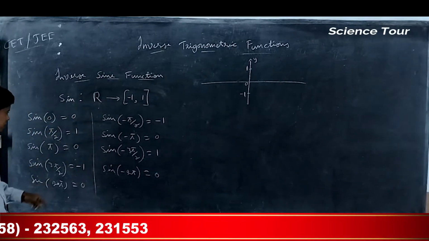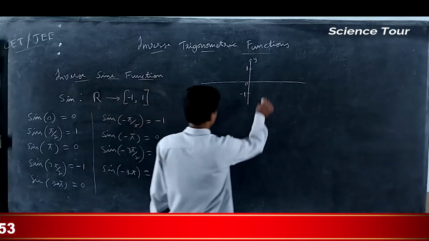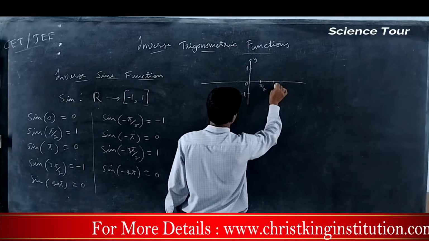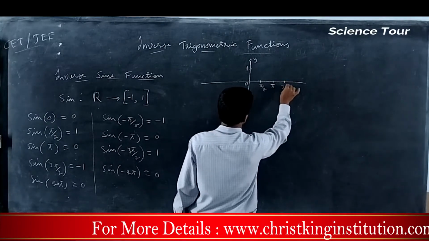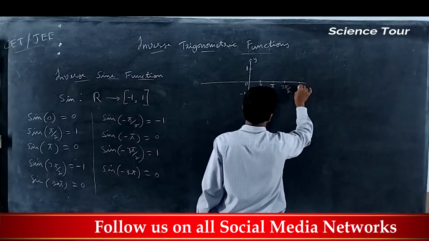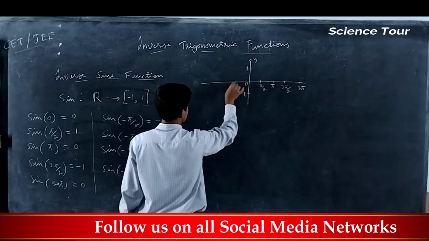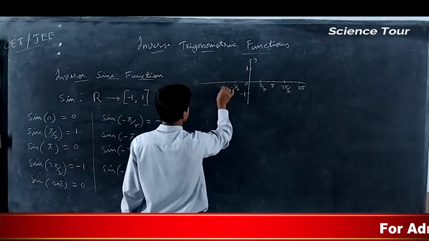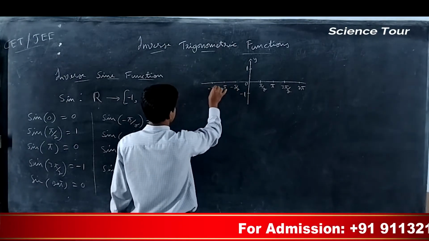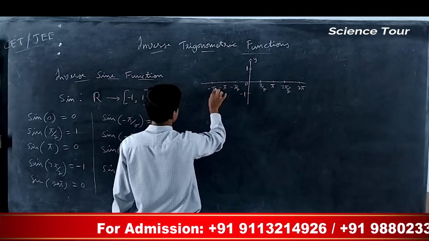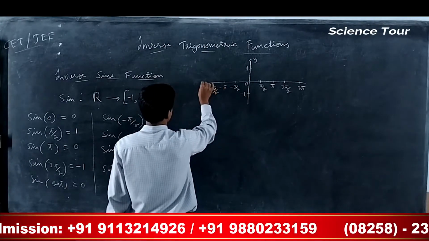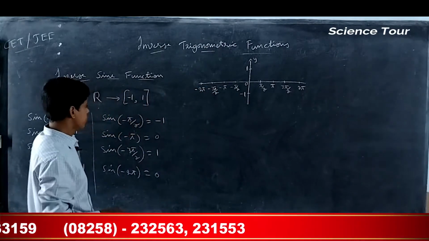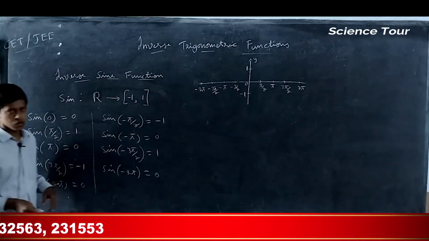But on the x-axis we have the angles. So I'll take 90 degrees and 180, 270 and 360, and here -90, -180, -270, and -360. Now sine 0 is 0, so that is 0, 0.